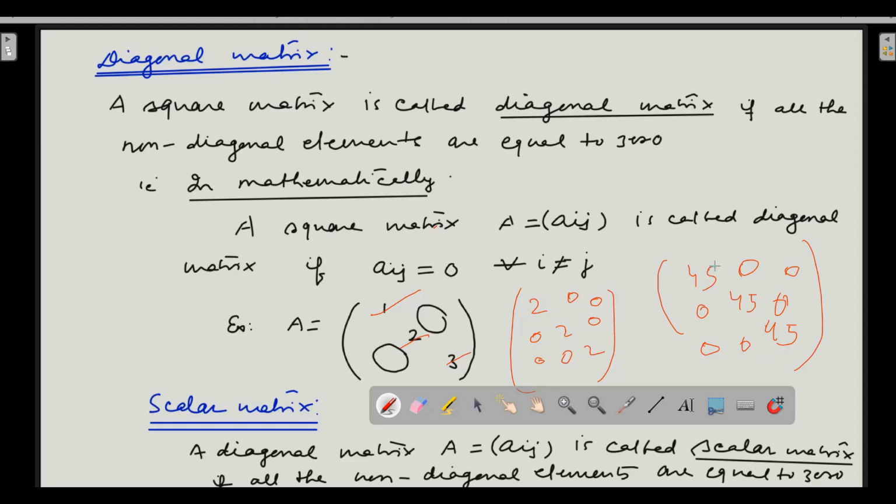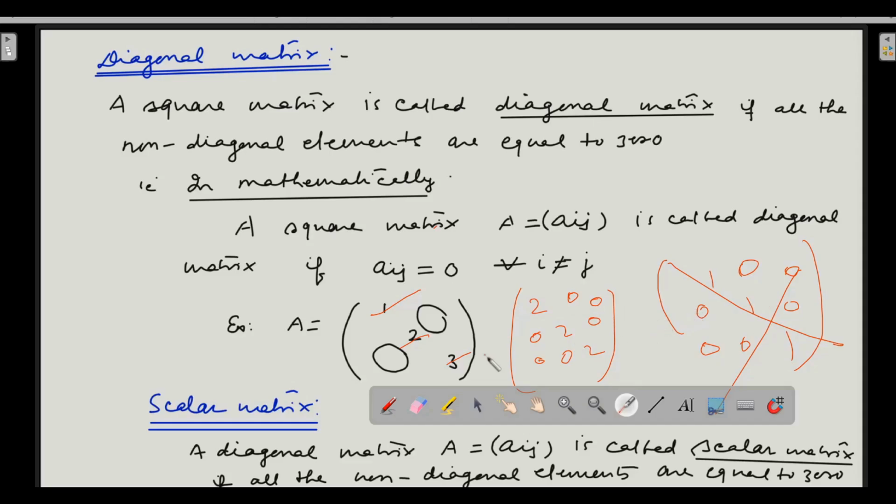But as soon as I substitute this particular place, where it is 0, with 1, this will not be a scalar matrix. Why? Because these diagonal elements must be equal but not equal to unity. Not equal to unity is a condition. So this is a scalar matrix, but this is not.